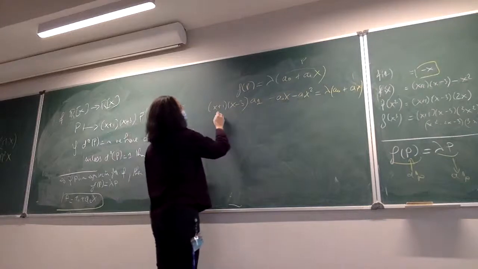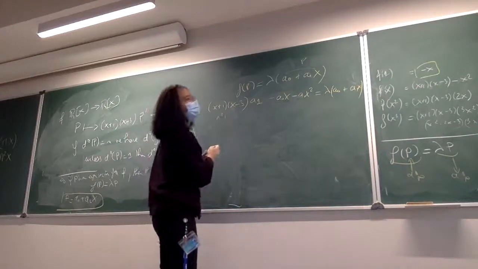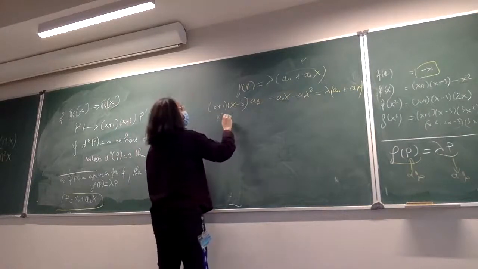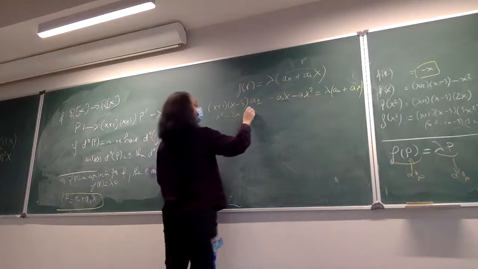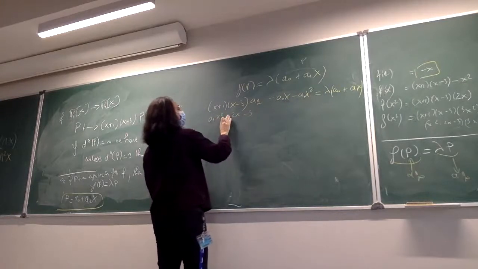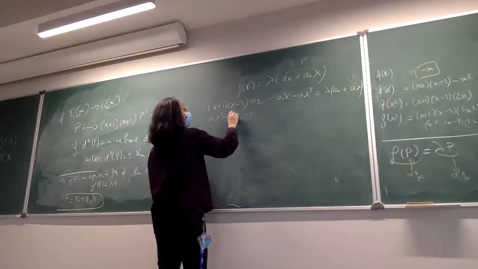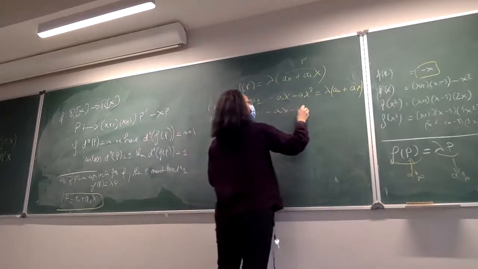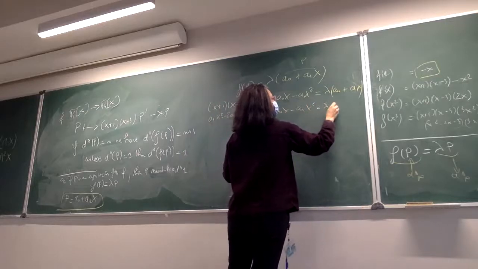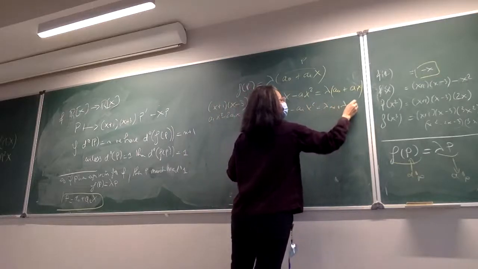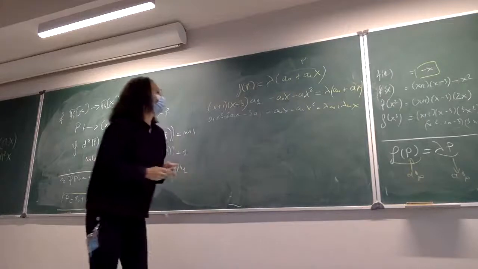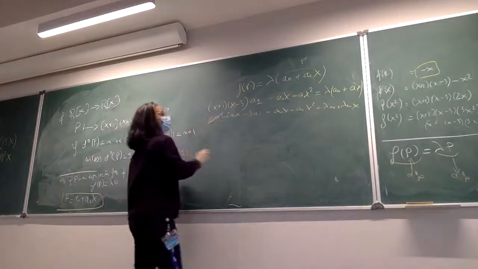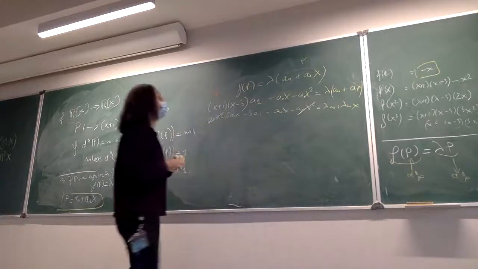So if I expand that, we get a1 x squared minus 2 a1 x minus 3 a1 minus a0 x minus a1 x squared, equal to lambda a0 plus lambda a1 x. As expected, the x squared terms are cancelling.